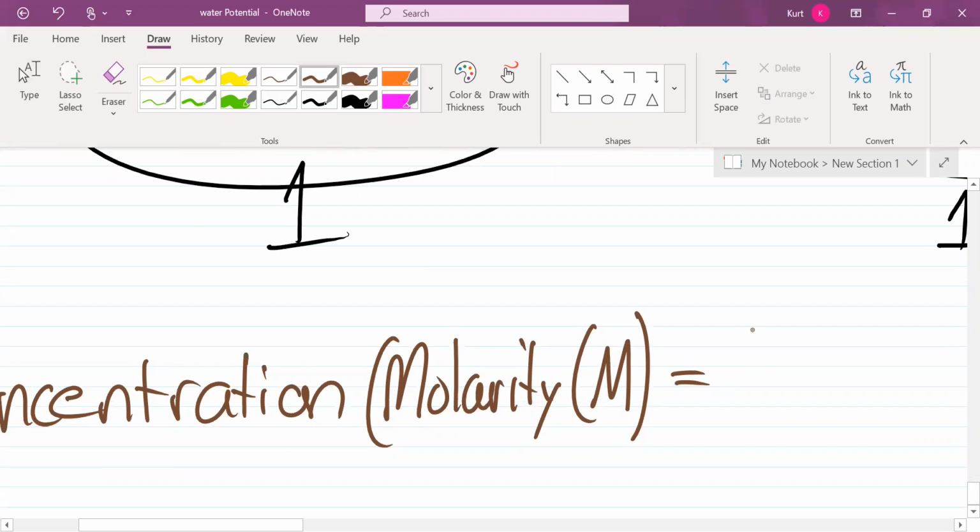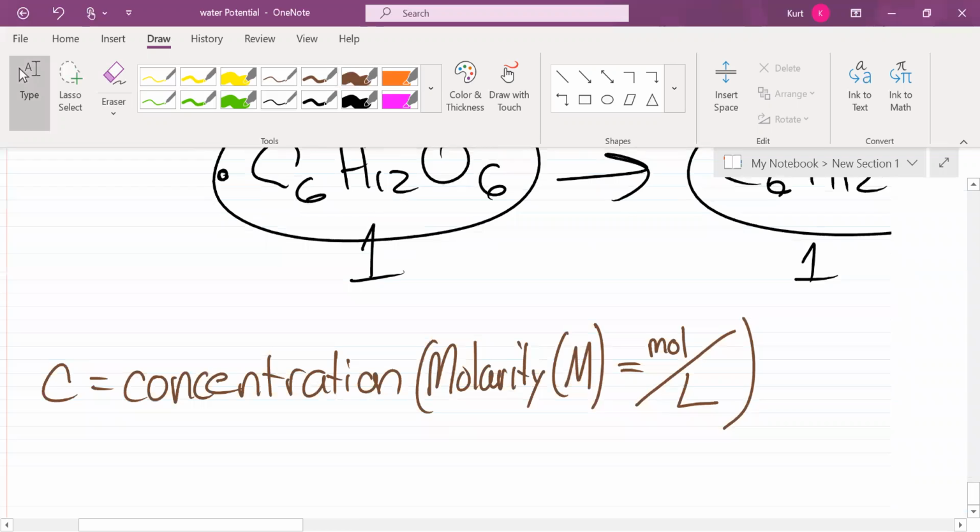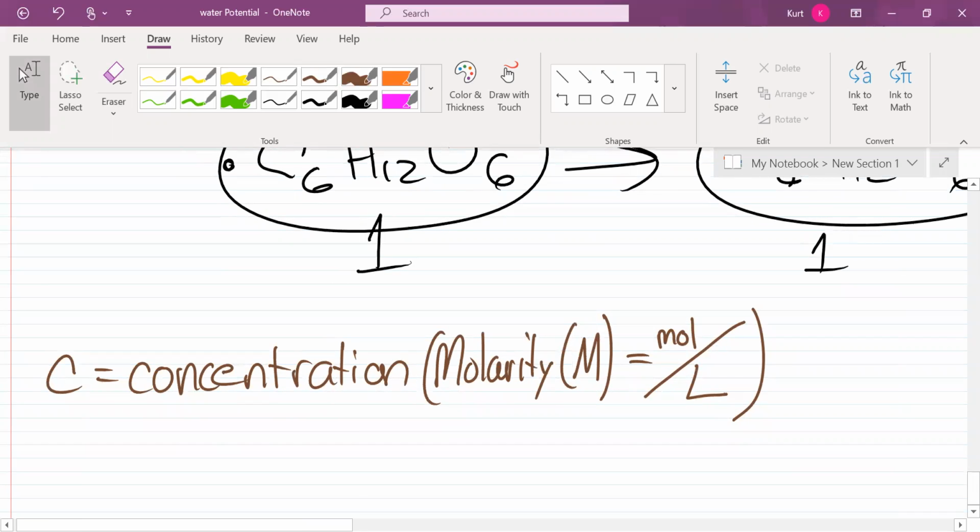And how do you solve for it? Moles over liters. Volume, same thing. Okay, so concentration is a number that you will be provided. It's going to be measured in molarity, which is a capital M. Still with me, Dan?